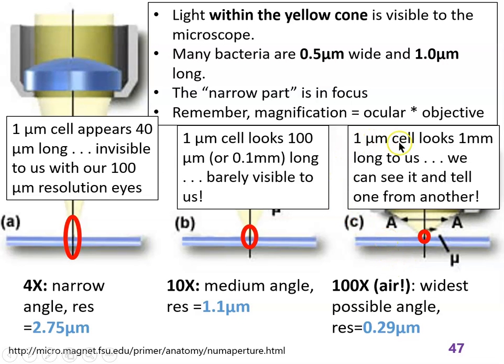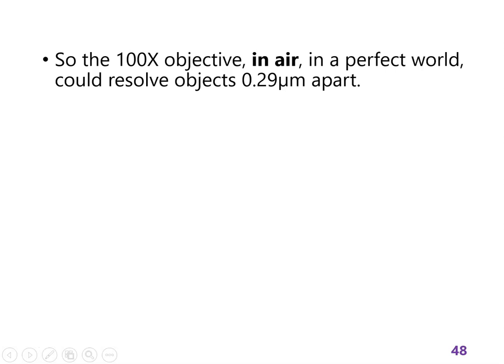So a 1 micrometer cell looks like it's 1 millimeter long to us, and we can see that. So in a perfect world, that 100x objective could resolve objects 0.29 micrometers apart. You have to push a microscope to get that 0.2 resolution. And typically, we can think of it as closer to this.